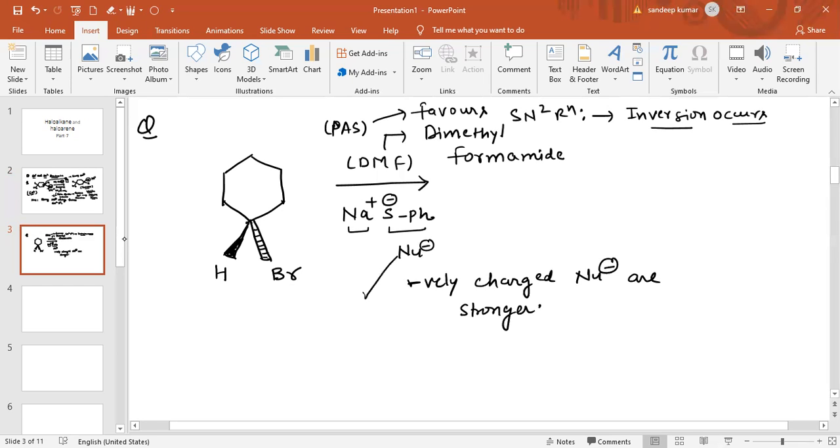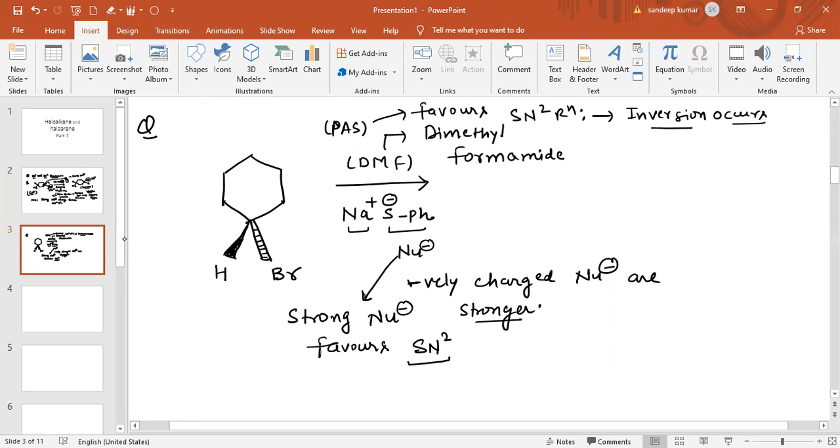So these types of nucleophiles are strong in nature, and we know a strong nucleophile always favors SN2 reaction.